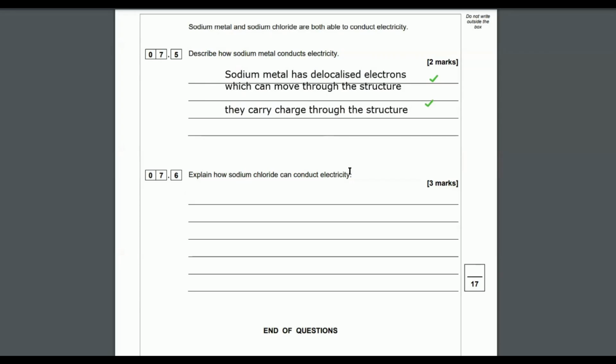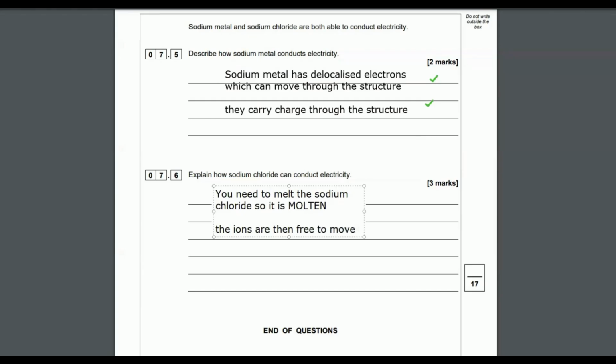Explain how sodium chloride can conduct electricity. So this is a little bit different. Sodium chloride is a giant ionic lattice, and it can't conduct electricity unless you melt it. So we have to say you need to melt the sodium chloride so it is molten. The ions are then free to move.